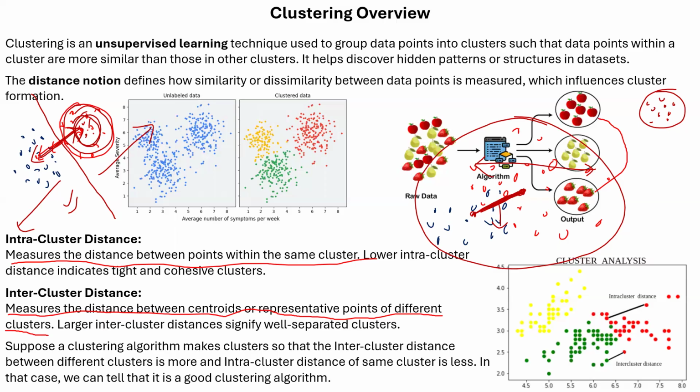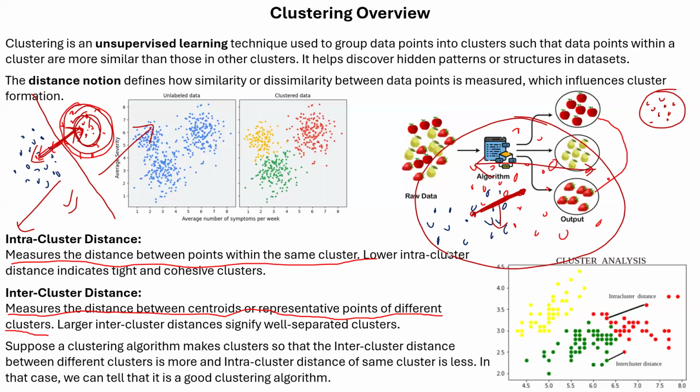of clustering. Clustering is an unsupervised learning technique. It tries to find out the similarities or dissimilarities between the points using a distance notion. The distance between the points within the same cluster is called intra-cluster distance, and the distance between the points in different clusters is called inter-cluster distance.